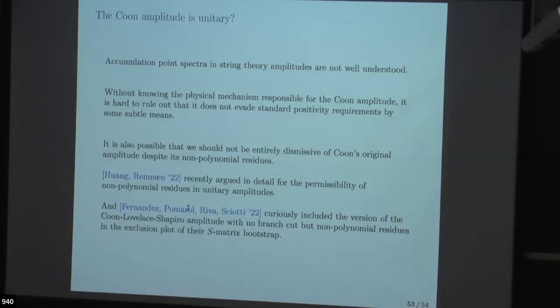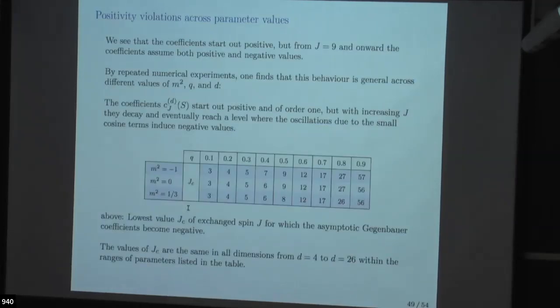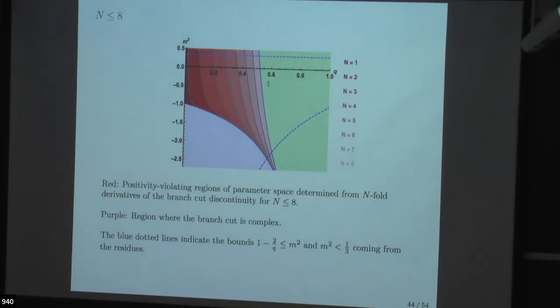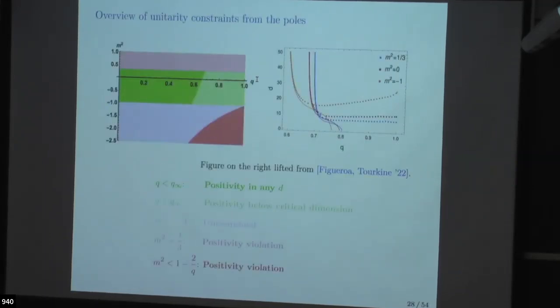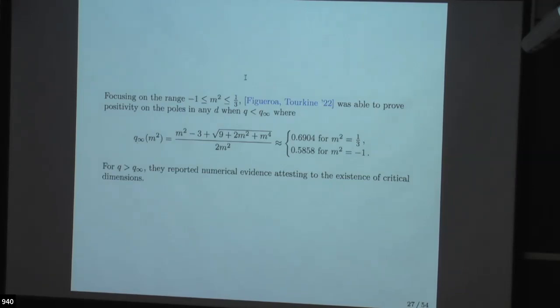An idea I was originally tempted by: do you remember there's this Q infinity? Let me just go back. Here I talked about this Q infinity, that they had a proof that you have unitarity in any dimension if Q is less than this value.